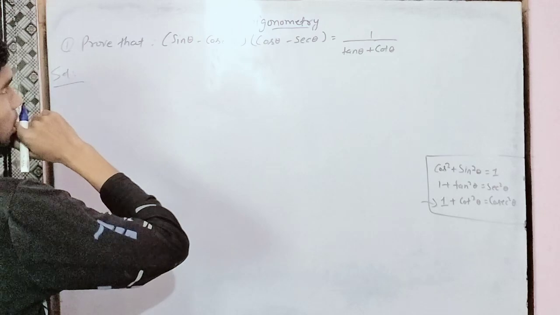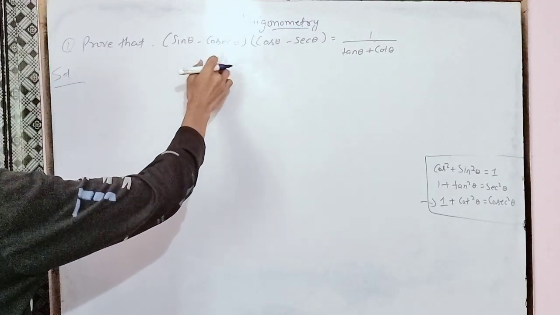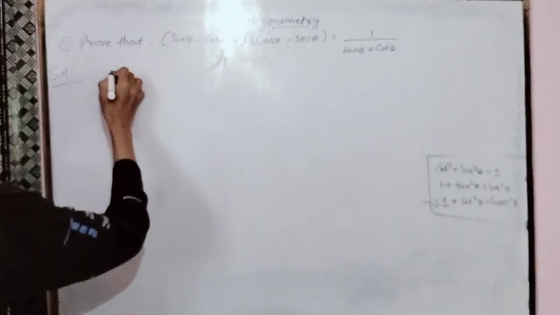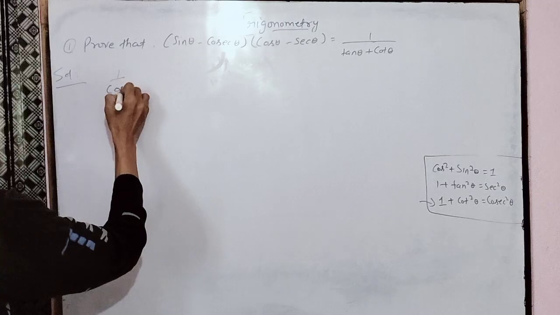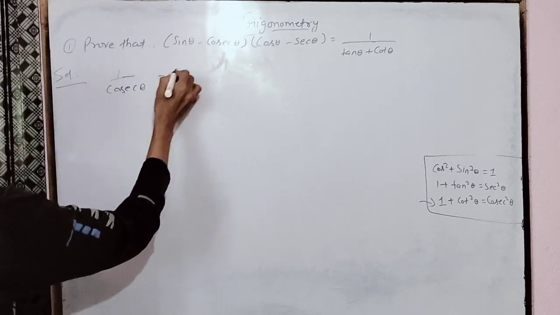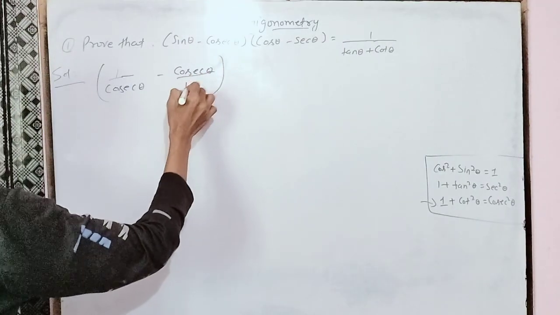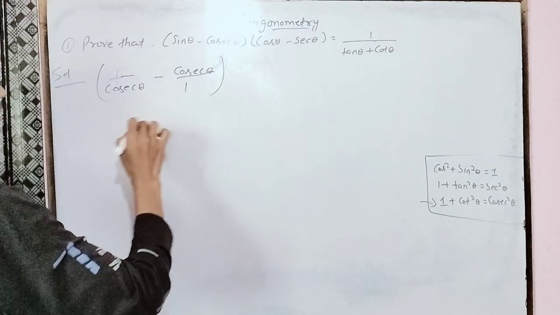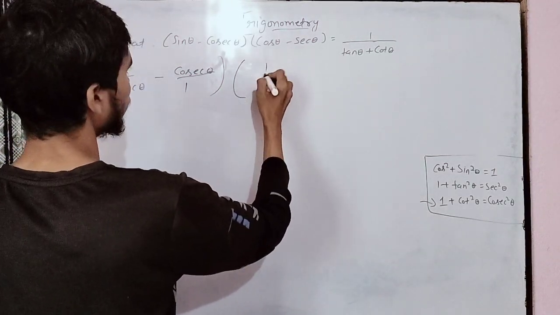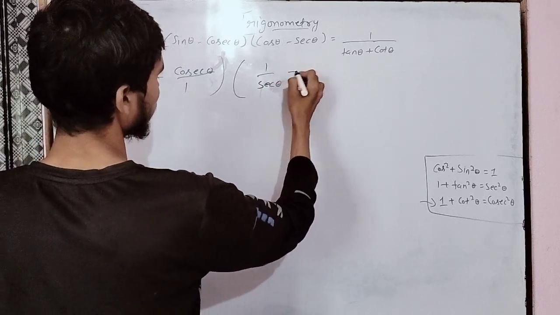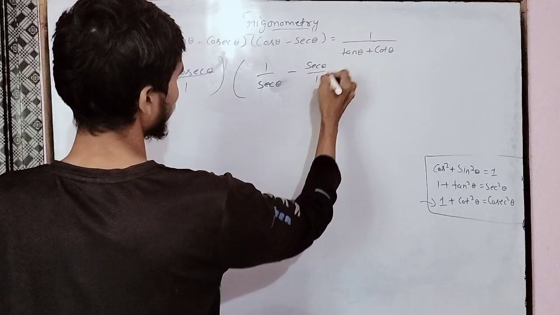Okay, so let's see. Here we have a fraction. Similarly here, 1 upon sec theta minus sec theta upon 1.